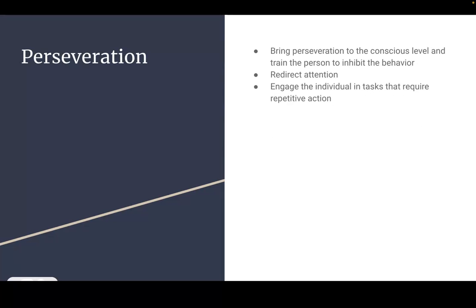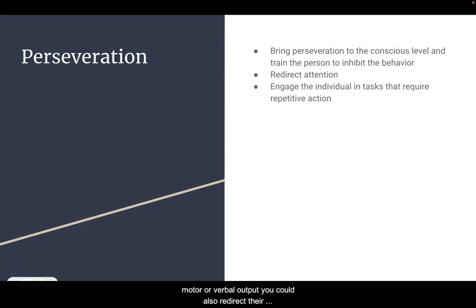Perseveration. This does require a level of self-awareness, so bringing the perseverative behaviors to the conscious level to train the client to inhibit that behavior. This perseveration could be both motor or verbal output.